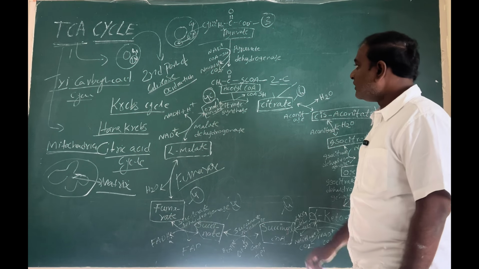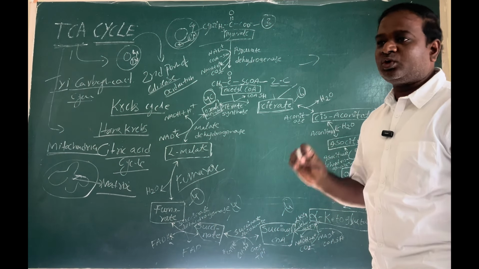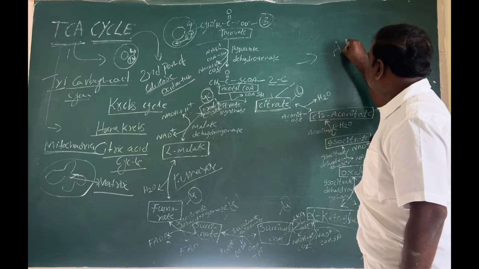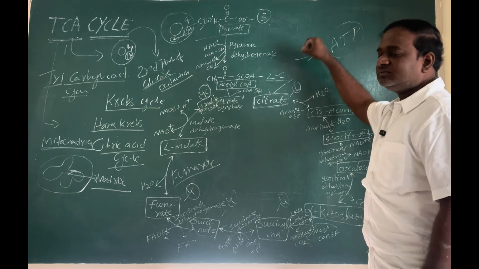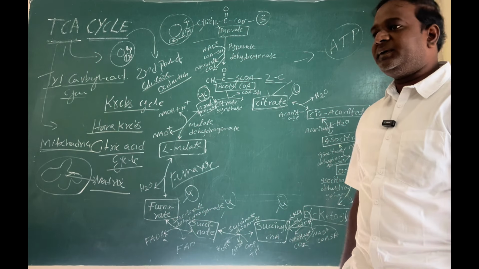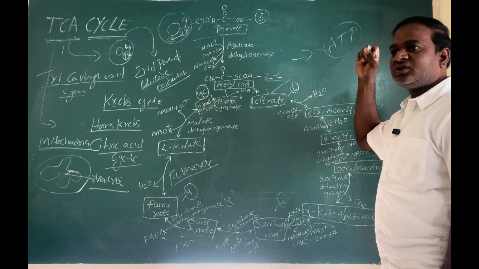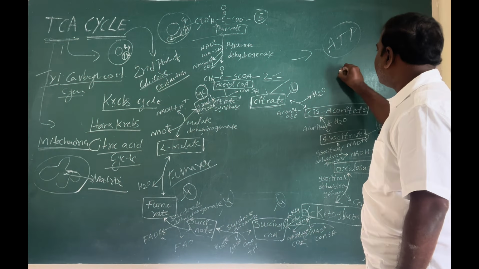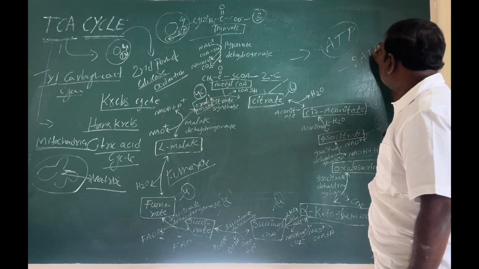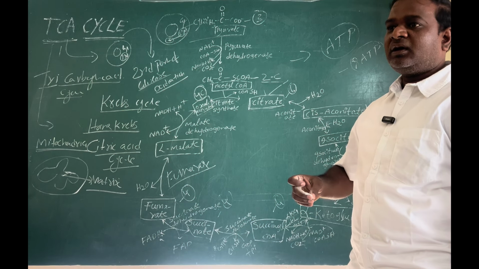And this TCA cycle is meant for the production of ATP. Why? Because the production of ATP through glycolysis is only 8 ATP, which is a very small amount.